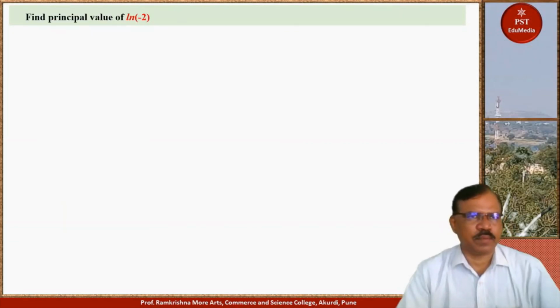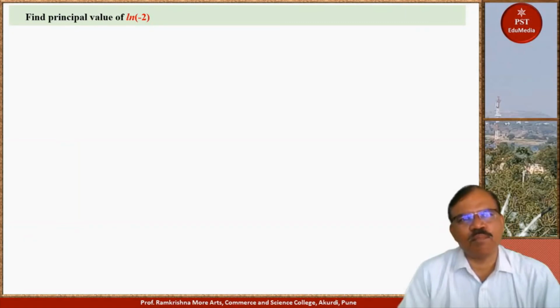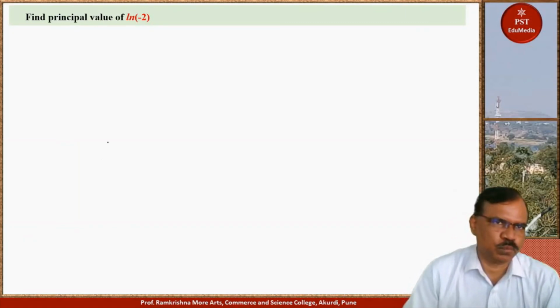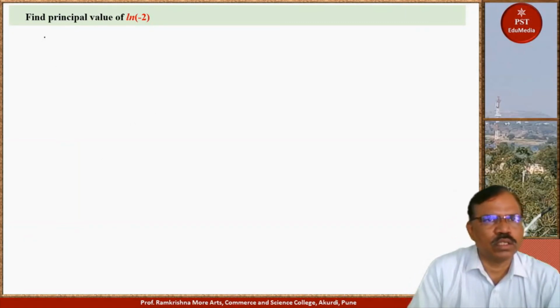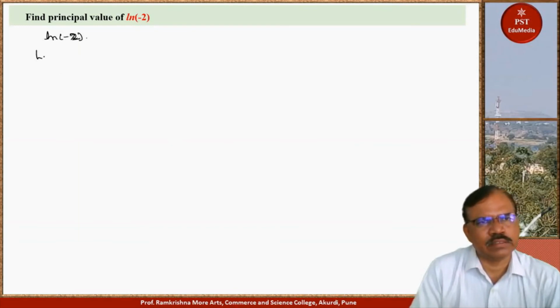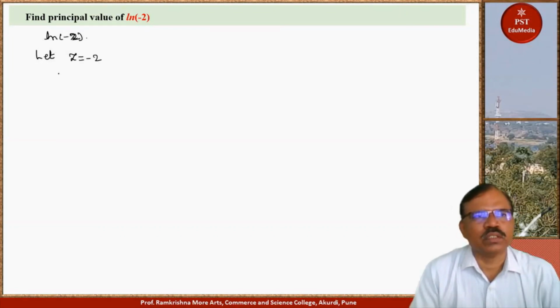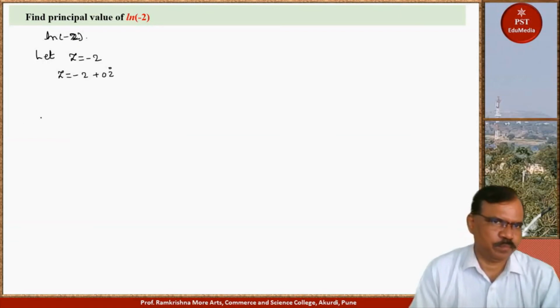Now next one. Find the principal value of log of minus 2. So here log of minus 2 we have to find. So we will take z complex number is equal to minus 2. So I can write z is equal to minus 2 plus 0i.